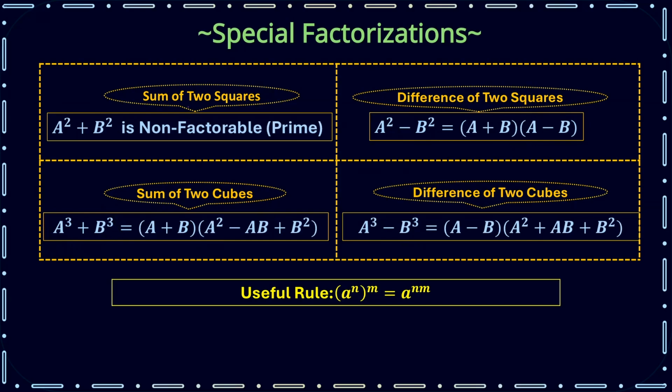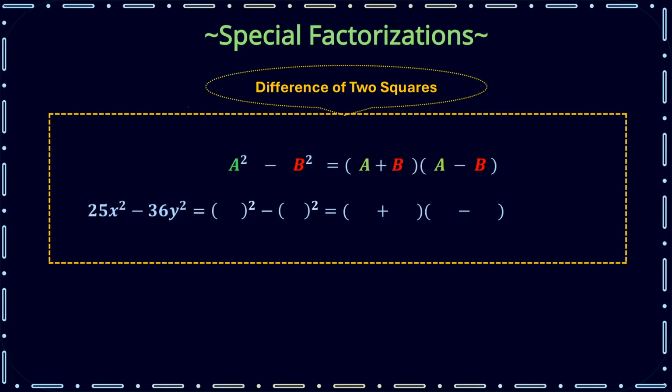So let's take you through some examples step by step, showing you what method I use to apply these special formulas. Here we have an expression. As you see, this is called a binomial because there are two terms.